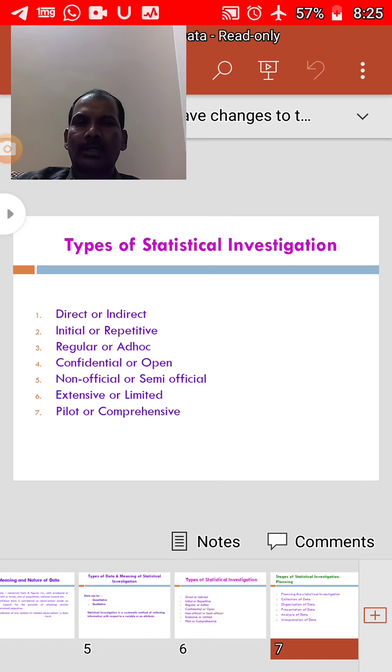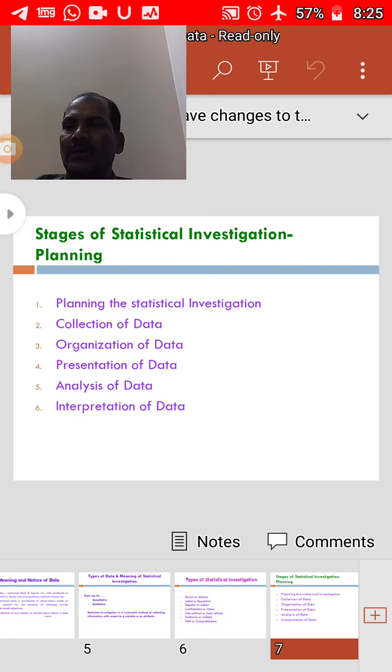Next, we have stages of statistical investigation: planning. Because of paucity of time, we will discuss in this class only planning the statistical investigation.